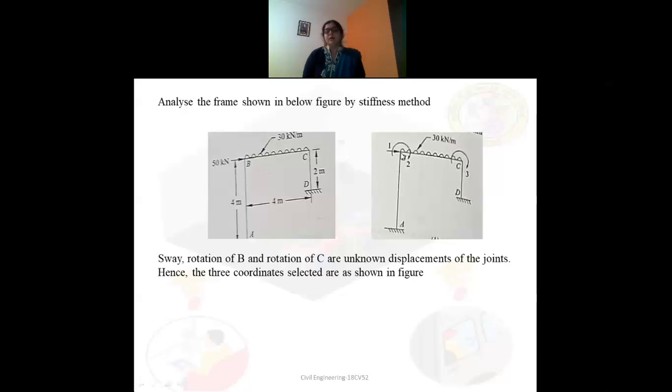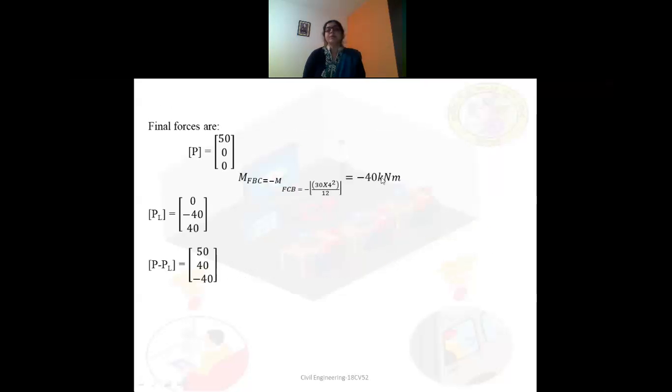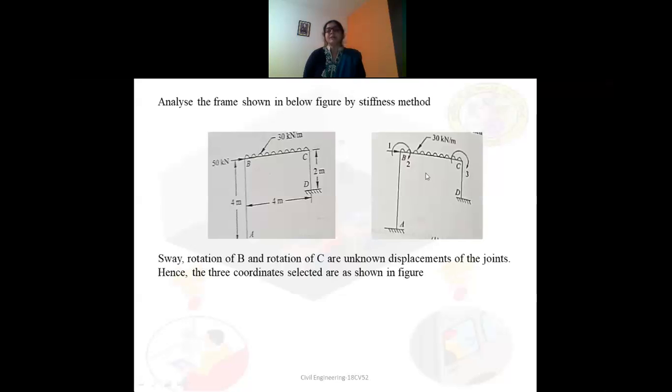Whereas for rotation, for that moment you have to consider the equilibrium condition, that is MFBA plus MFBC is equal to 0. MFBA anyway is 0 because we do not have any load in member BA. Whereas in member BC we got minus 40. So MFBA is 0, MFBC is minus 40. So answer is minus 40.